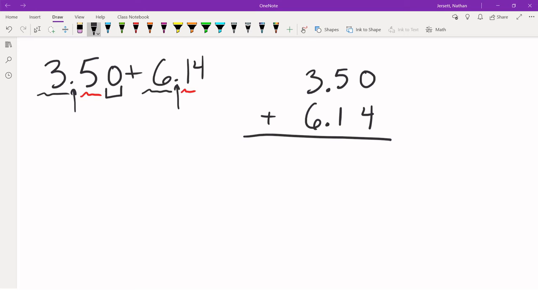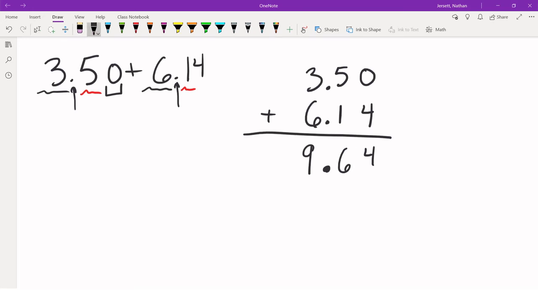In fact, that's kind of the trick to doing this by hand: if you line up the decimal points, all of the place values will line up as you want. And we can add this number like we do any kind of number, going straight down. So 0 plus 4 is 4, 5 plus 1 is 6, drop the decimal point down, and 3 plus 6 is 9. So 3.5 plus 6.14 is 9.64.